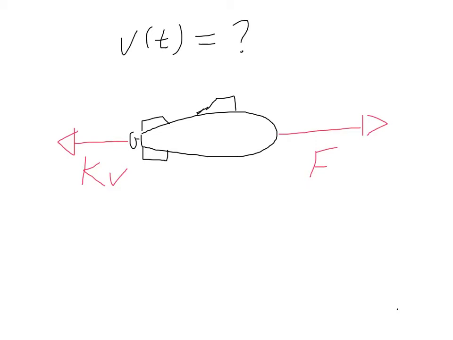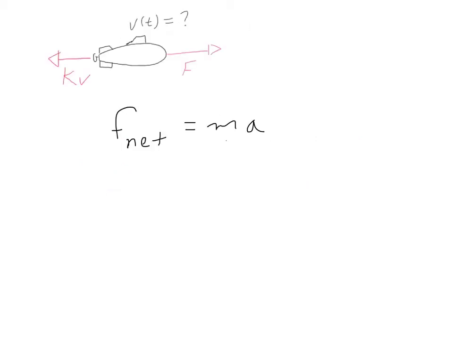Well, we use F net equals ma. And we write down just the forces on the submarine. So we have the constant forward force minus kv equals ma. And because it's a calculus problem, I'm going to write a as dv dt.